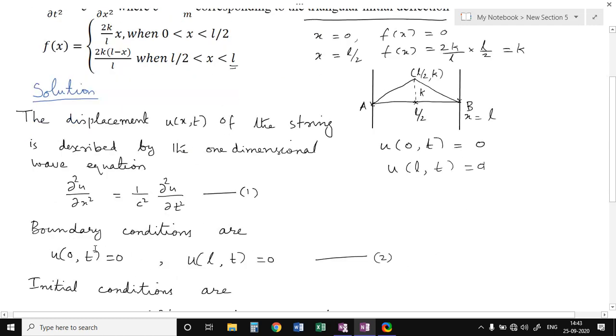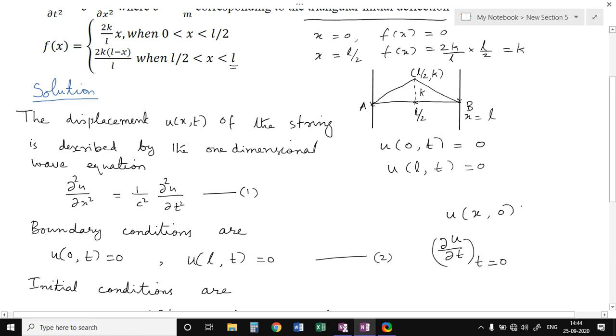Now we will write the initial conditions. The initial conditions mean we have to write u(x,0), that is the initial displacement, and also ∂u/∂t at t equal to 0.